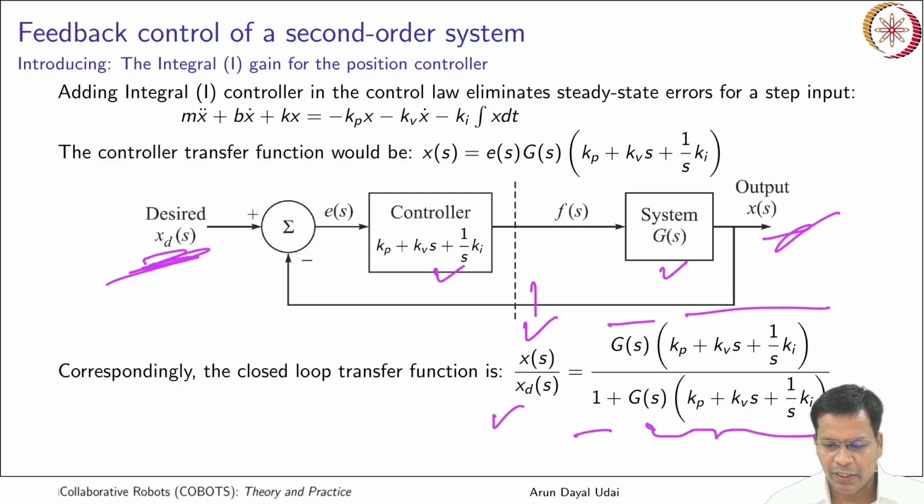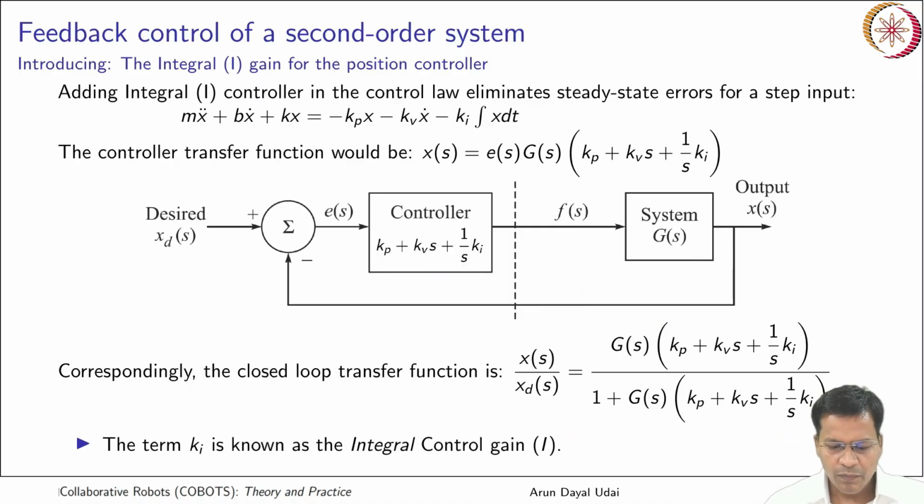There is no feedback transfer function over here, so that is equal to 1. That is a unity feedback, which you have seen. So this is your overall transfer function for the whole system. The term Ki is known as the integral control gain, denoted as the I gain.